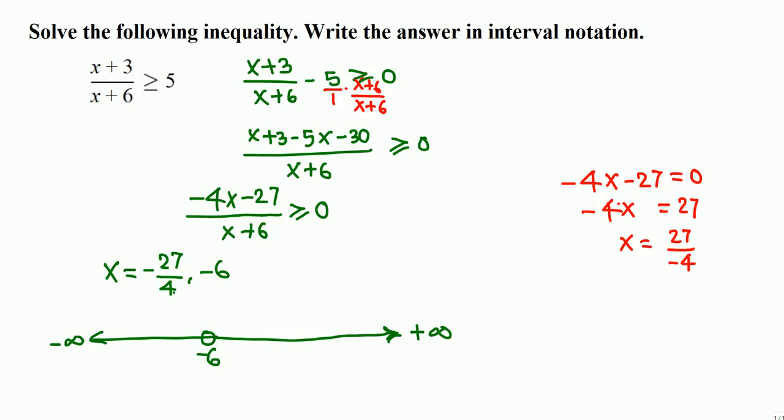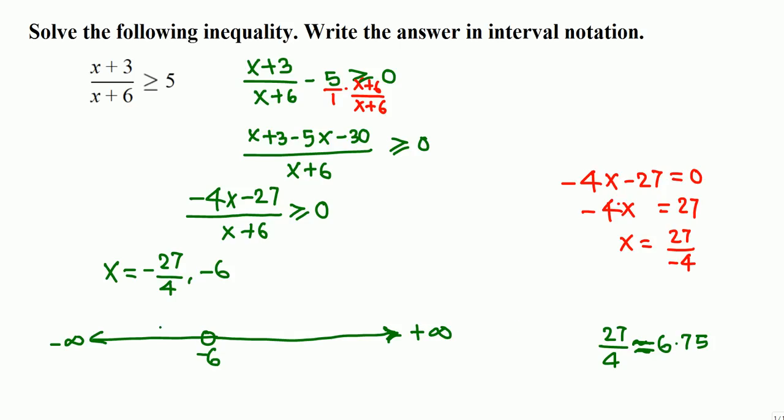So, circle. Negative 27 over 4, what is the value? 4 divides 27 six times, 24, and it's exactly 6.75.